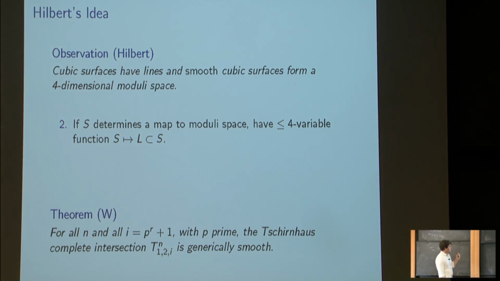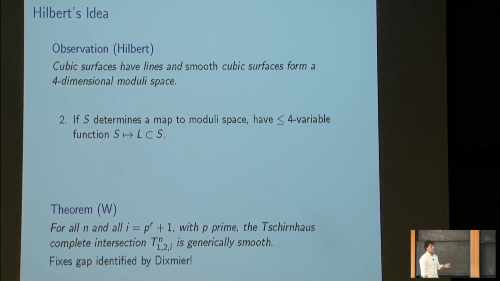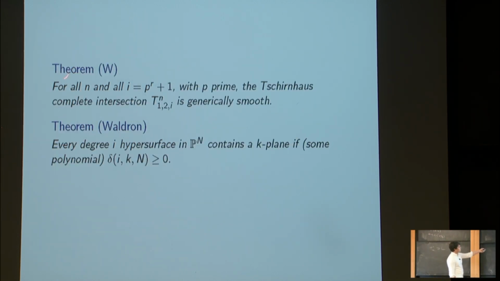All right, and the sort of point of this theorem is that this fixes the main gap identified by Dixmier. So now we know that even though Hilbert's cubic is really non-generic, it's still smooth. So you can get a map to moduli space, or it's still generically smooth. Cool. OK, so wrapping up, you've got this geometric input that says you can get to moduli space when you need to get the improvements.